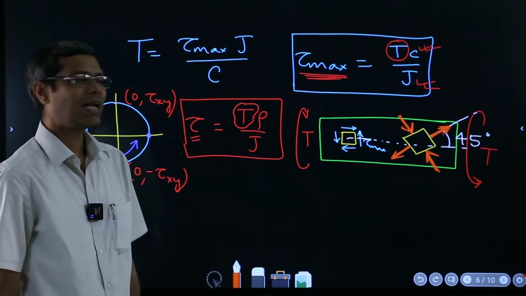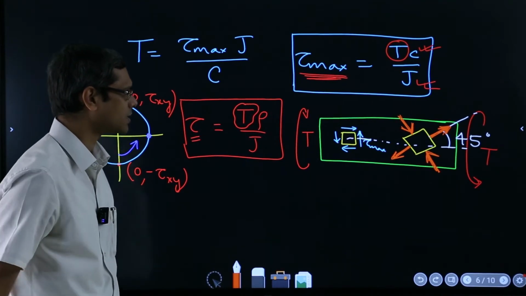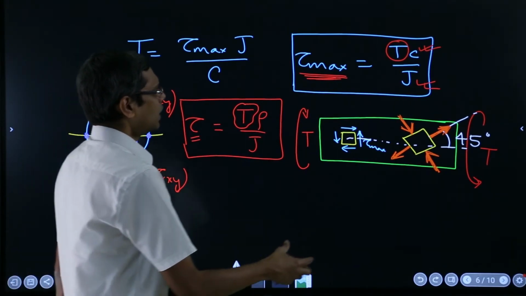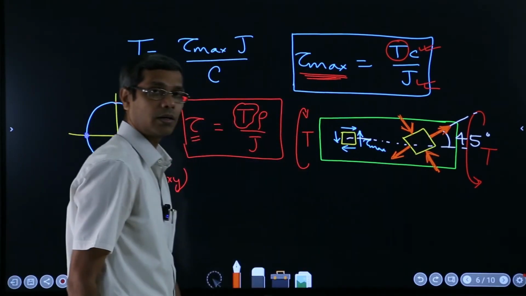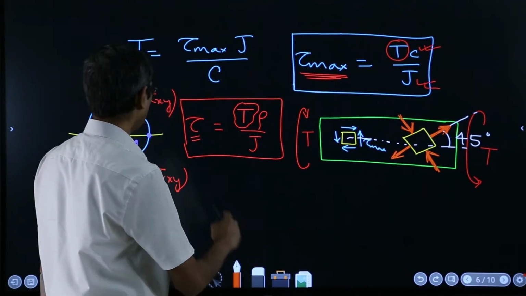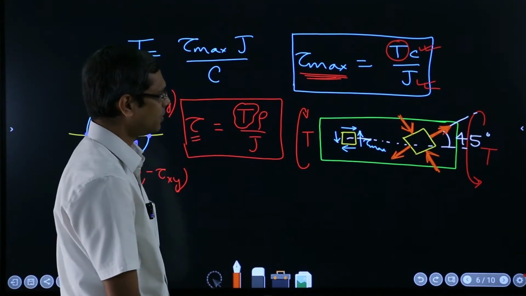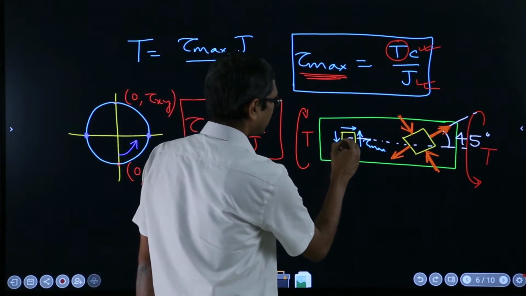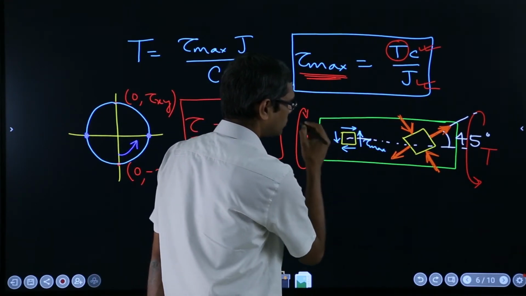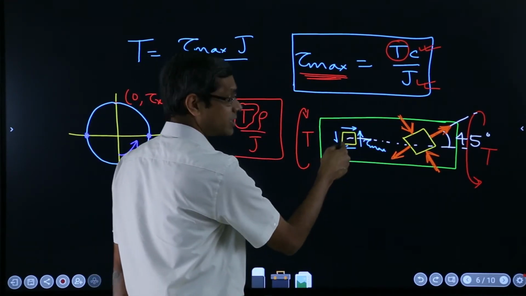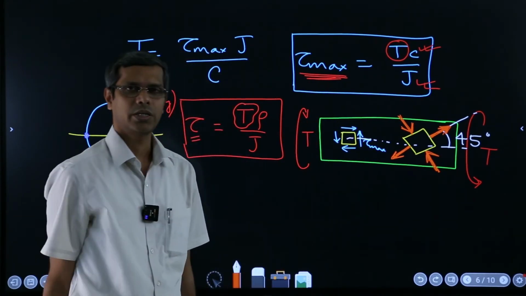Okay. So that's how the stress transformation can be seen using the Mohr circle. So that means if I consider an elemental square like this, the state of stress is a pure shear.